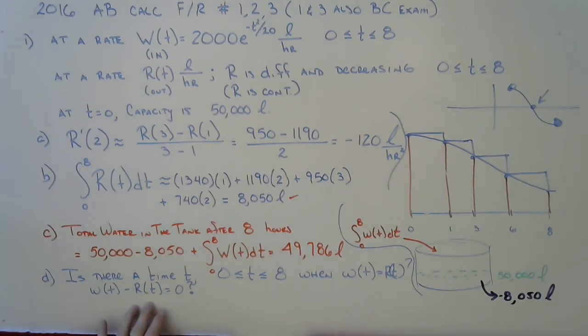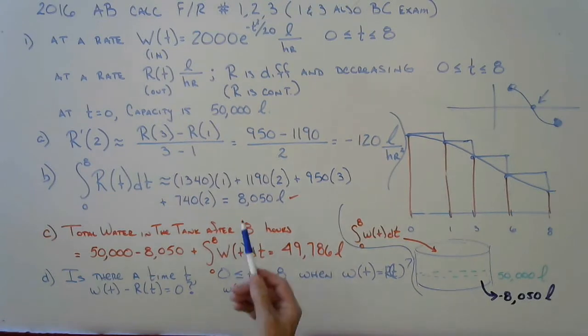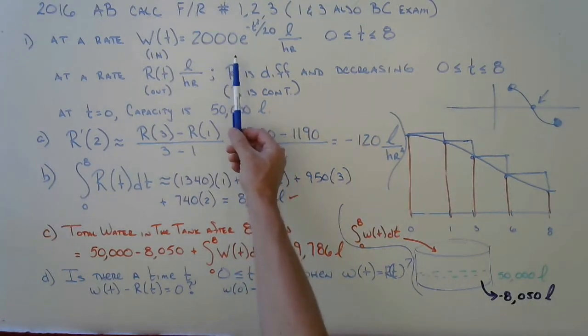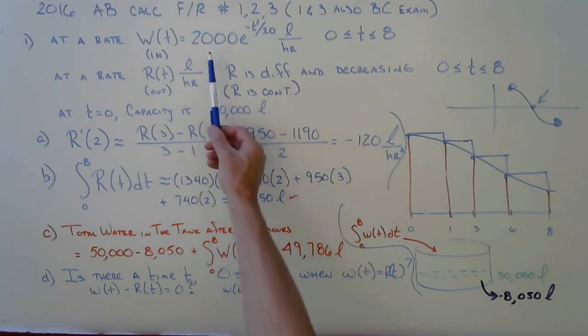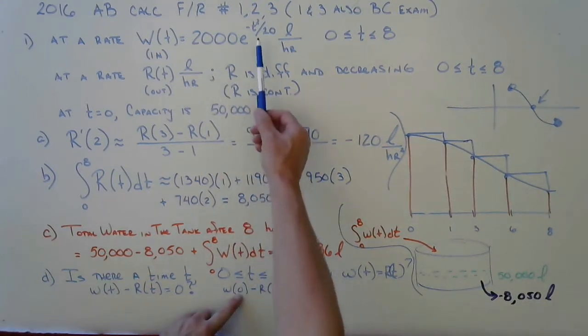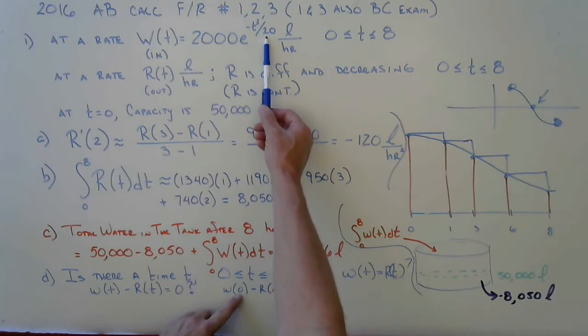Well, what do we know about W of t minus R of t? Well, what do we know about what's going on at time 0? We know the rate that water is going in. We can find W of 0. If we put a 0 in here, we get 0 divided by 20, that's 0. E to the 0 is 1.